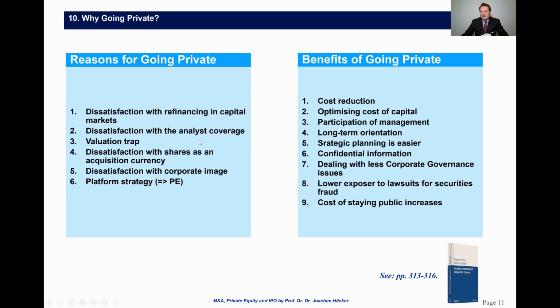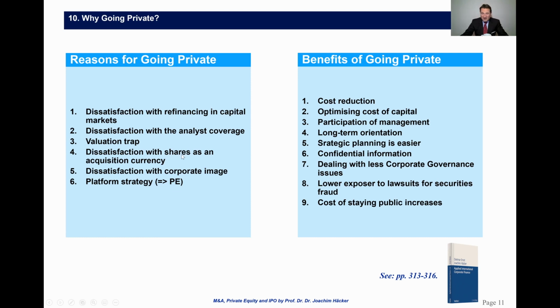In 2000, it was all about internet companies. In 2020, you don't have a platform, you have a valuation reduction. And this is called the valuation trap. Then it might be smarter actually to delist the company and wait for better times. Better times means when your sector is appreciated much more by the investors out there, and then maybe you come up with an IPO again.